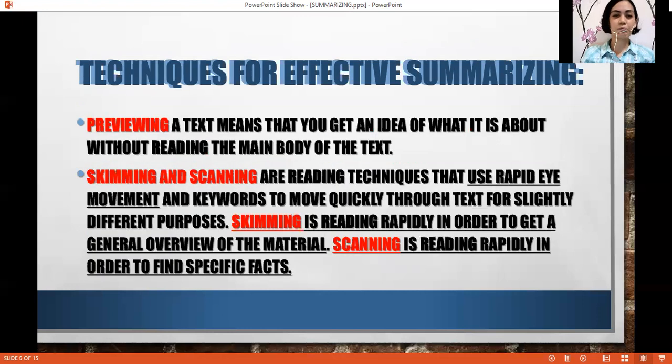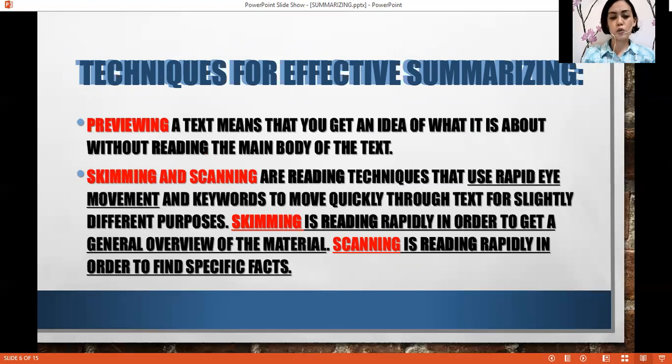Let's proceed. So we have different techniques for effective summarizing. First is previewing. Previewing is getting the idea of what the book or the text is all about without reading the main body of the text.